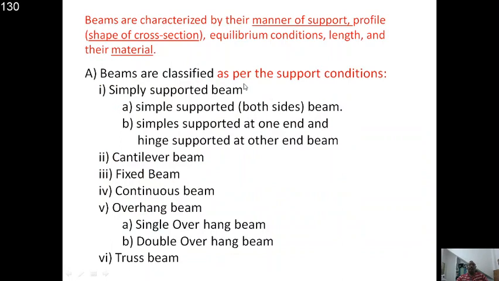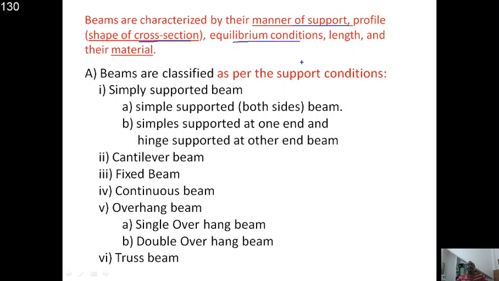Coming to the types of beams, according to which type of support the beam has. That means the horizontal member, at its ends, which type of support it is. So that classification depends on the shape of the cross section, the type of support, and equilibrium conditions.